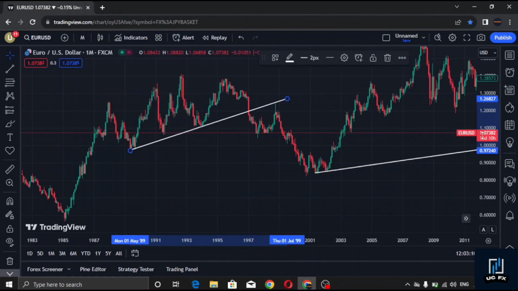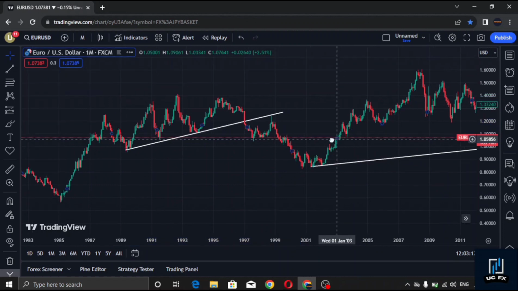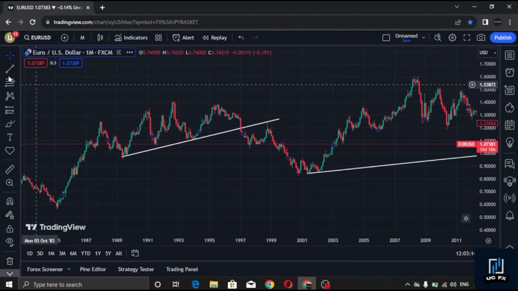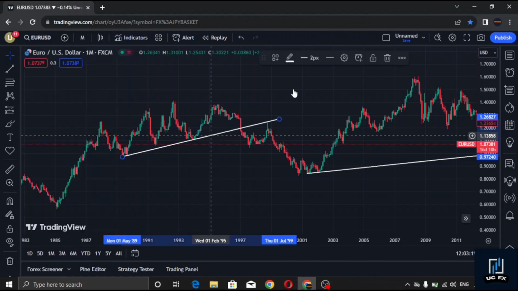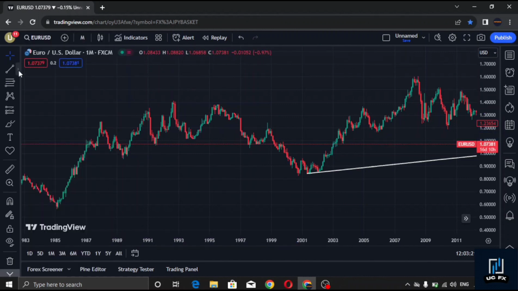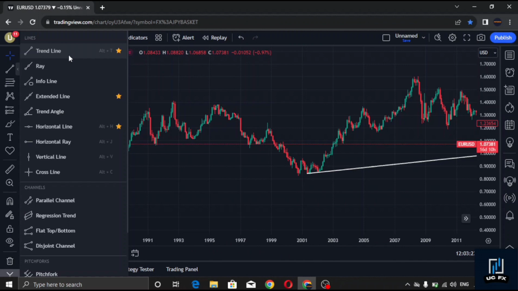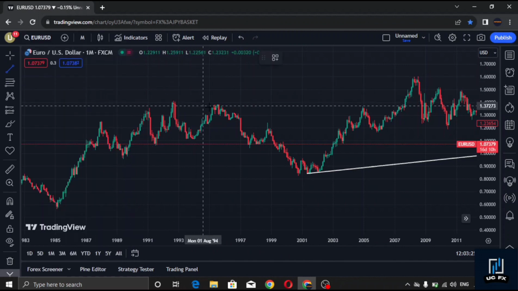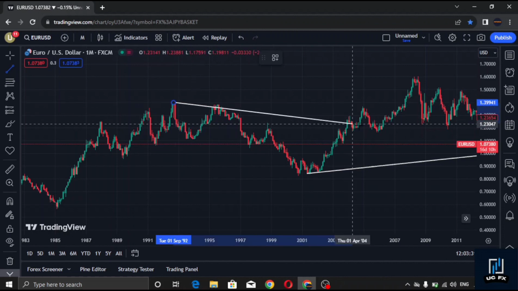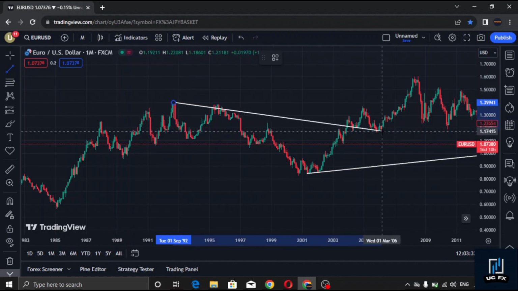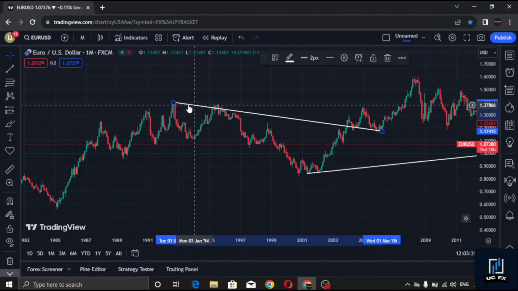So not only sells do we use these trend lines for, you can as well use it for buys. If you have connected this point, not perfectly though.